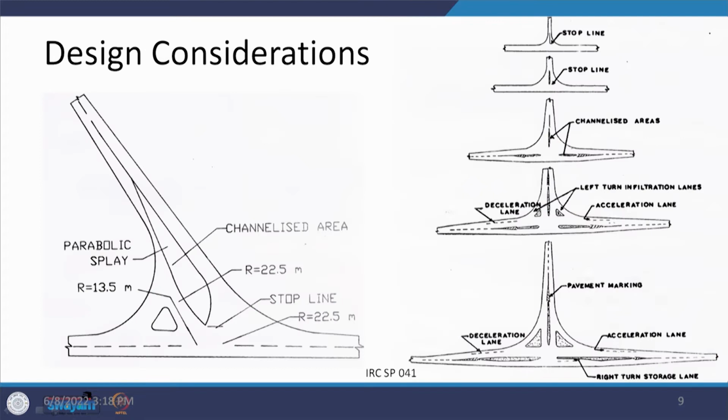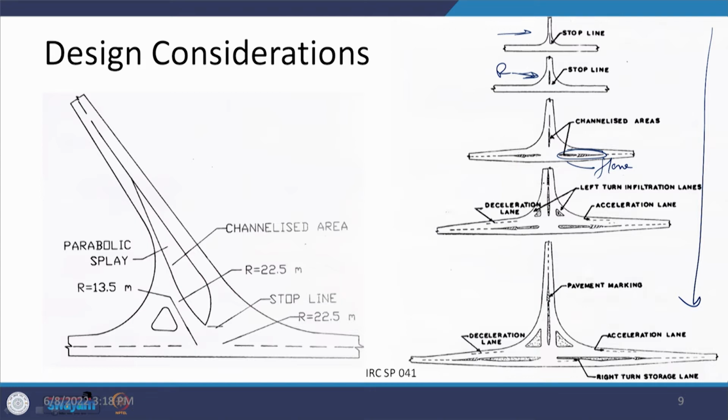So, this is what is being shown here in this diagram. What you can see is that it started with a very simple condition, and then it has become smoother in terms of the radius being provided, or this turning radius which has been increased. Then further, flaring is done here, along with these divisional islands being provided with the markings on the pavement.